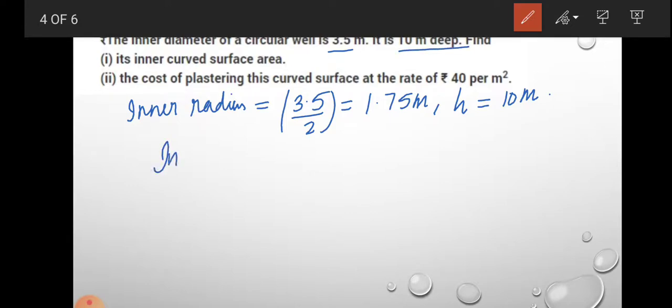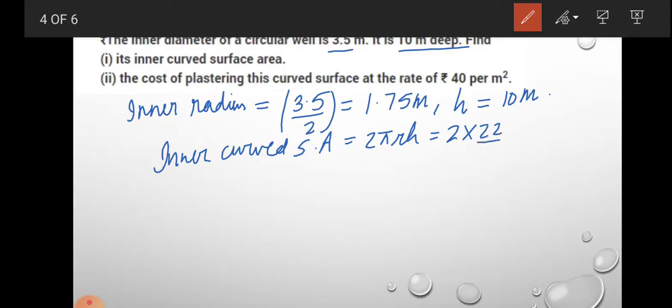Now inner curved surface area is equal to 2 pi RH, which is equal to 2 into 22 by 7, into radius 1.75, into height 10.